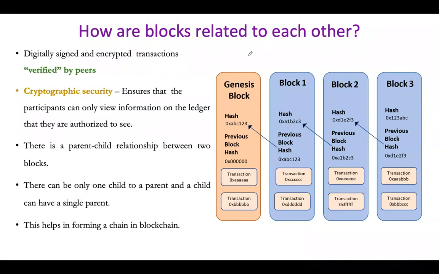We know that blocks are related to each other based on the previous hash values, which are used to create the new blocks. In the application of your blockchain, the transactions are stored within these blocks.